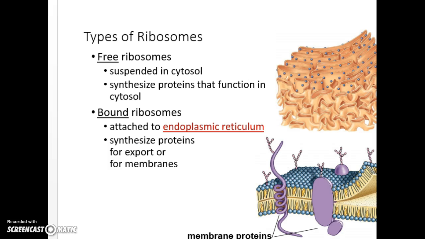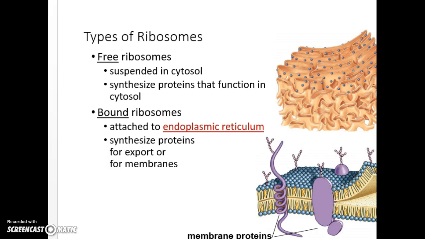And this is reiterating the free versus bound ribosomes and their primary job. One's going to synthesize proteins that function in the cytoplasm or cytosol, and the bound is going to primarily make proteins that are exported.